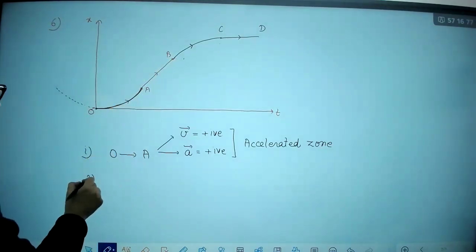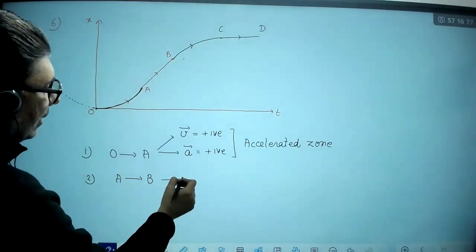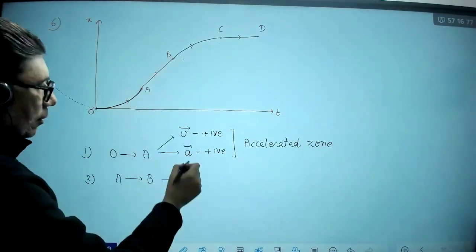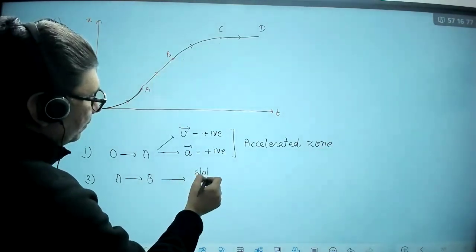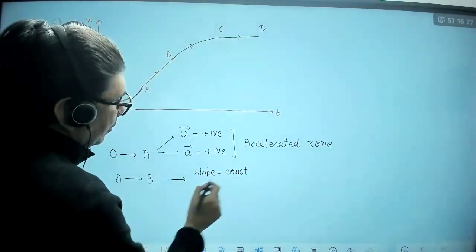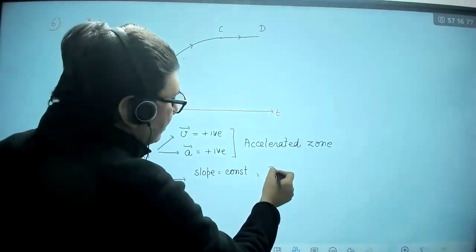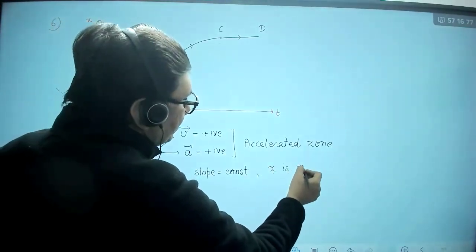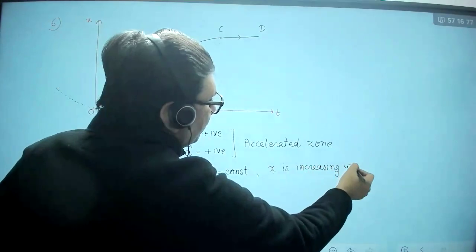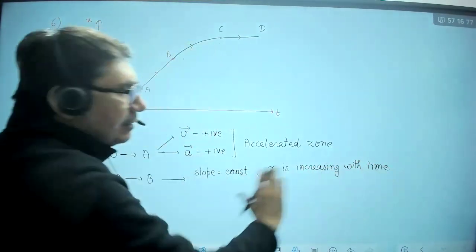Second, A to B. If you look at A to B, the slope is constant at every point. Okay? And X is increasing with time. So the particle is moving in the plus x cap direction.